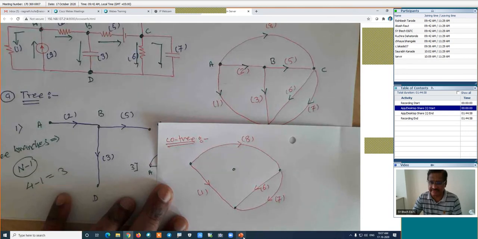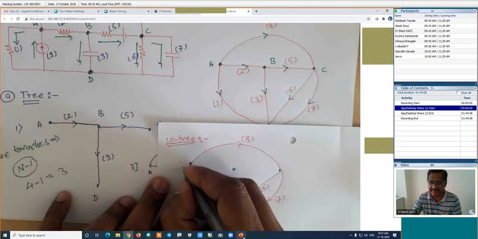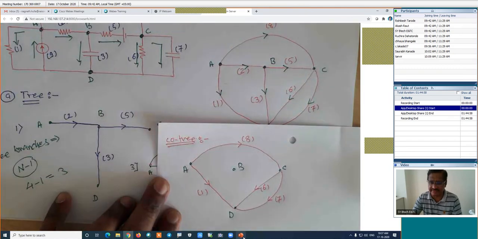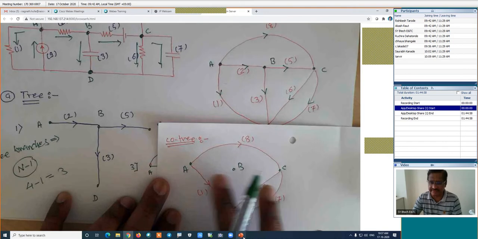And the set of the branches together with the nodes excluding the tree branches or twigs is known as a cotree. If it is ABC and this is D, in that particular case, this is the cotree for this particular tree.